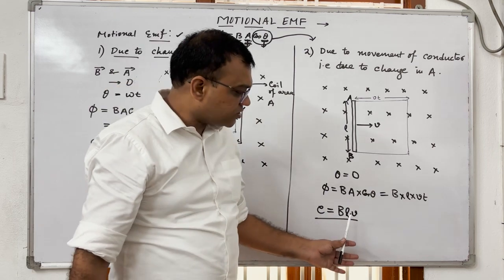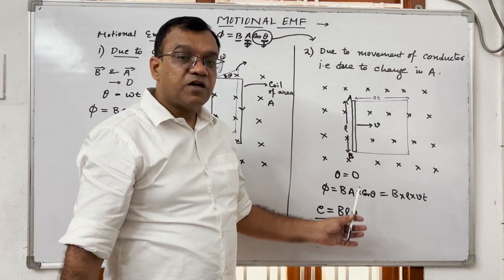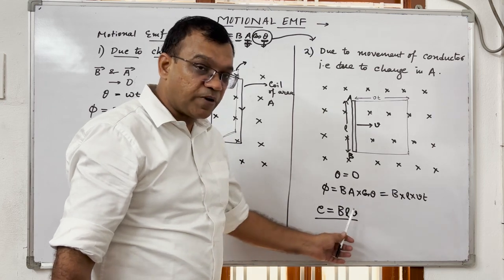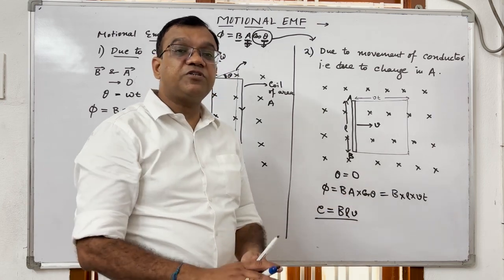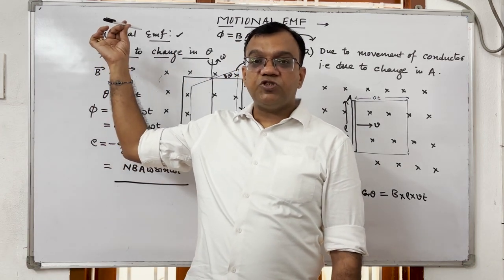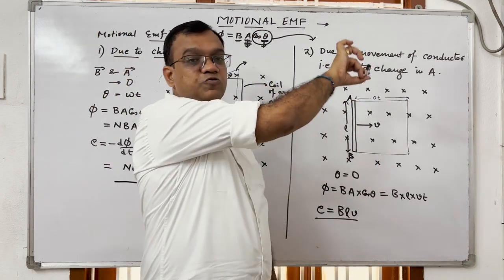Now this is only one situation where BVL is coming. We are going to discuss this in very much detail in the coming part. Here I am only trying to say motional EMF is either due to change in theta or due to change in area.